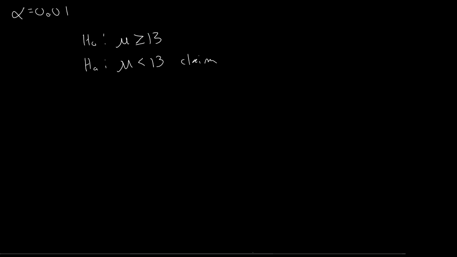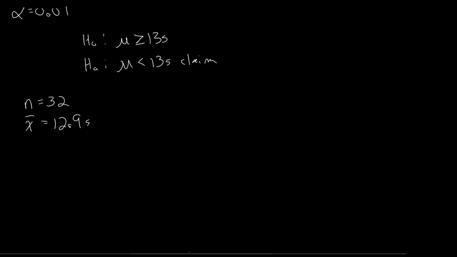And so the first thing we're going to do is calculate our test statistic. What they did is they went through and did 32 tests, and they found that the average of those samples was 12.9 seconds. And so we need to use this test statistic to check on our claim.